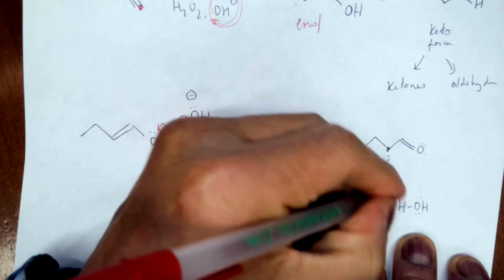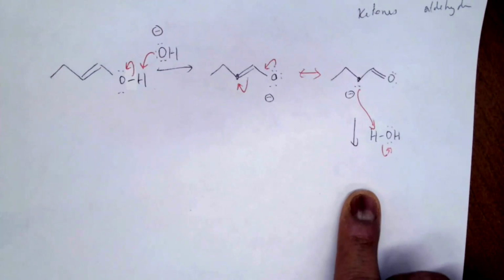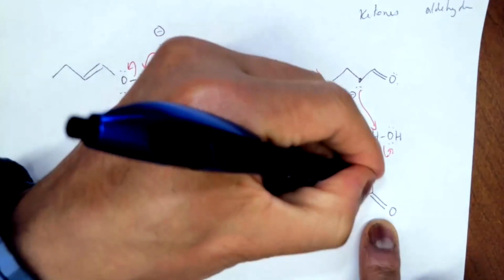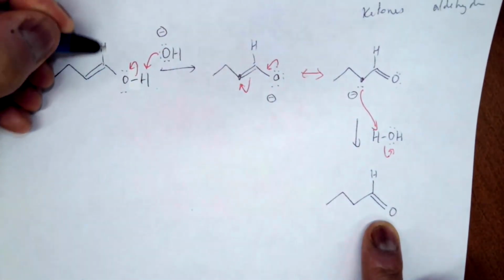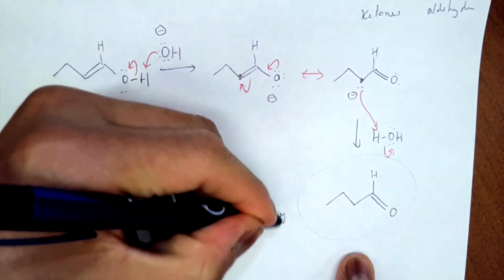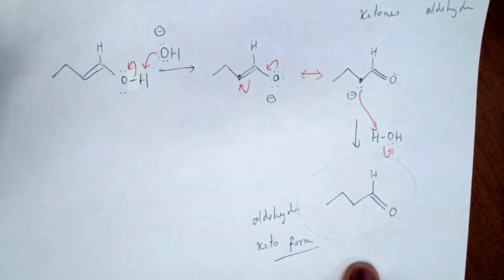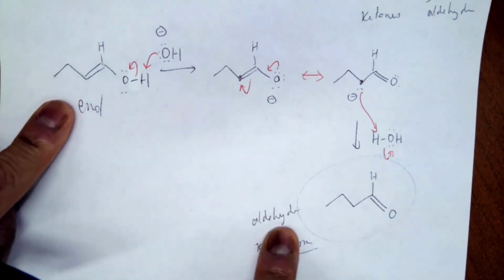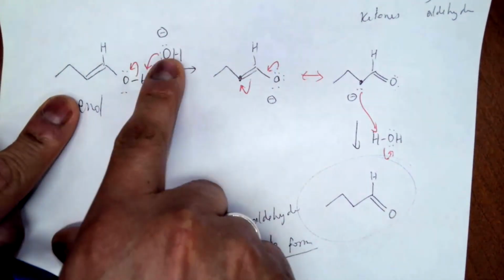The C minus deprotonates the water, picking up that H that was not written but should be there. And you get the aldehyde, which is a keto form. So that's the enol-keto tautomerization, but in this case the keto form is an aldehyde. These are tautomers in basic conditions.